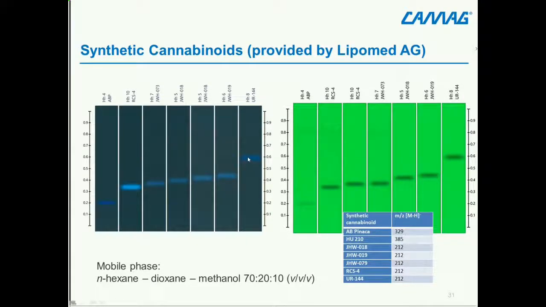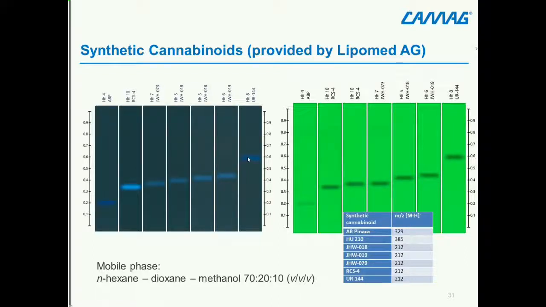Synthetic cannabinoids are used in herbal mixtures, also in the case if it's used as an illicit drug. And not every day, but frequently new synthetic cannabinoids are popping up until they are known and regulated. So those are synthesized to put them into herbal mixtures, like Spice was quite famous, to have a psychoactive herbal mixture that is not forbidden as long as the synthetic cannabinoid is not forbidden.